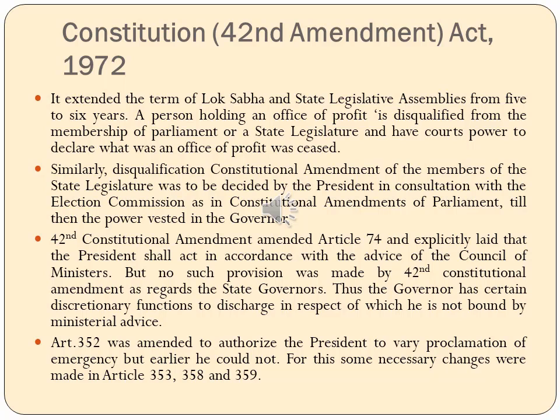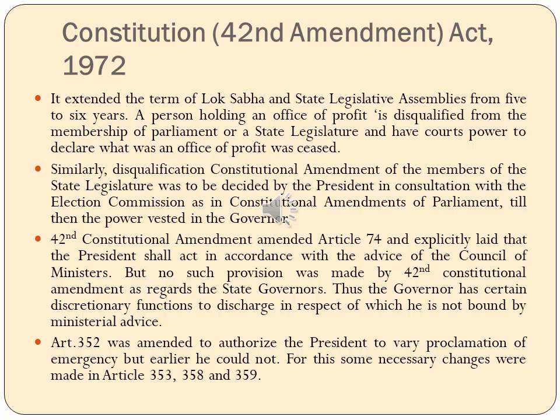In the 42nd Constitutional Amendment Act, Article 74 was amended, and it explicitly laid down that the President shall act in accordance with the advice of the Council of Ministers. But no such provision was made by the 42nd Constitutional Amendment with regard to the state Governor.